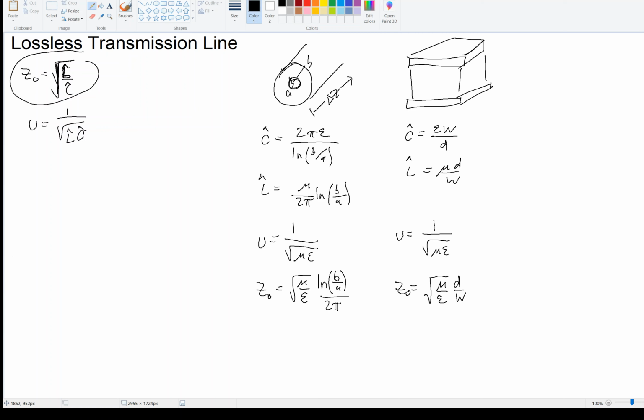All right, now then there was another one that we mentioned in the previous video, that was the twin lead, where we said the diameter was 2a, the separation distance was, I guess I should label this, I'm sorry, let's go back to the microstrip. This was distance d and this was distance w here. Sorry about that.